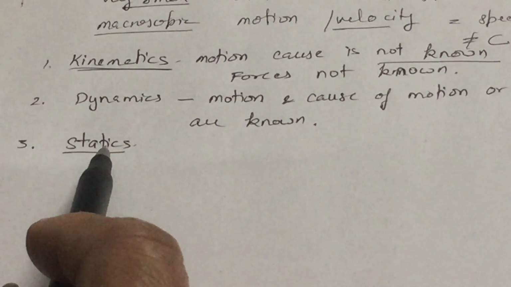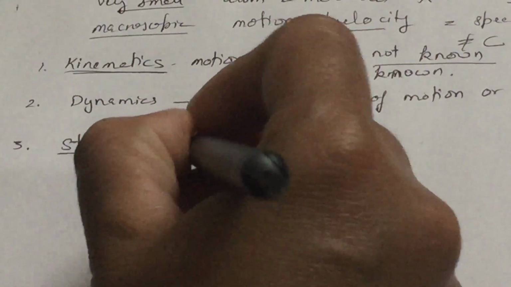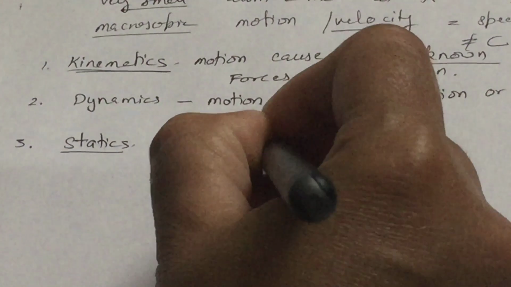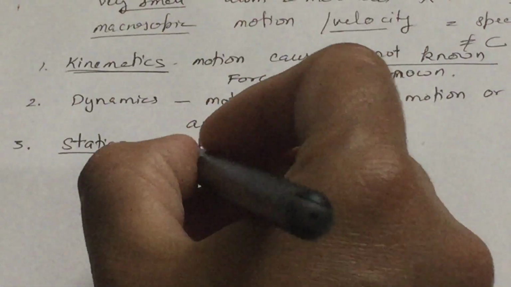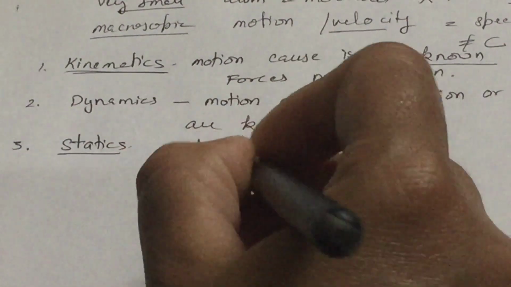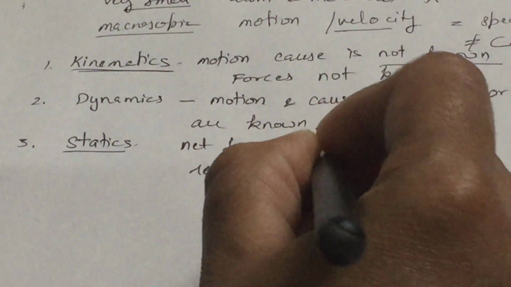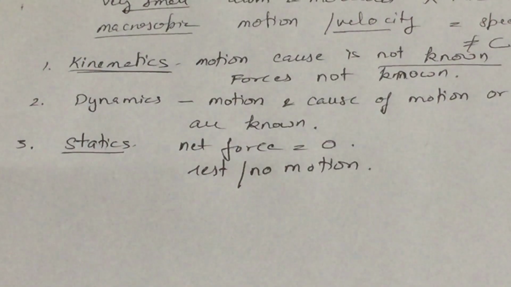It means statics is the branch of physics where net force on the particles or on the system is zero, hence the system is at rest or in no motion.